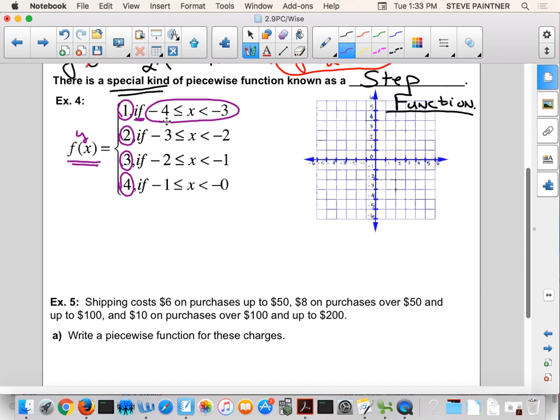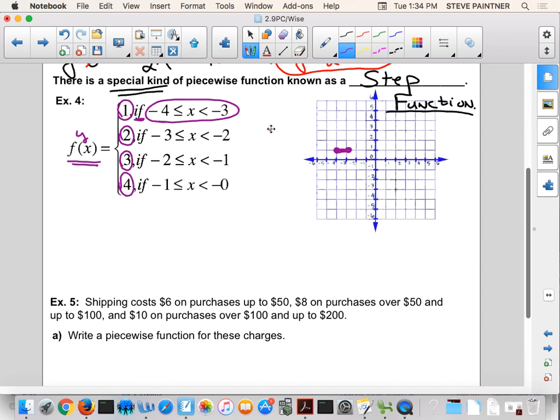From -4 to -3, you always get what answer? 1. So when -4 goes in, you get 1. That's right here. When -3 goes in, you still get 1. When anything between -3 and -4 goes in, you still get 1. So everything in between, you get 1.